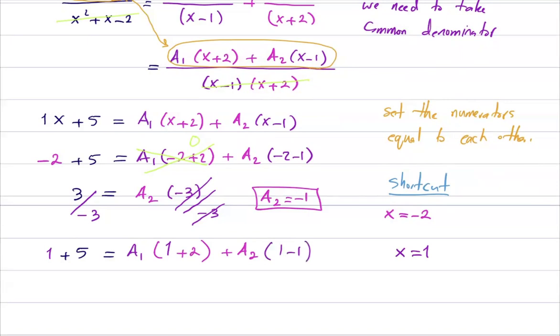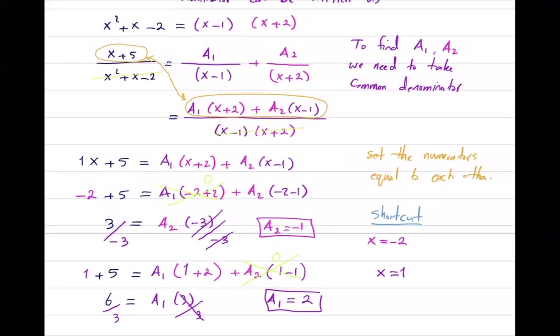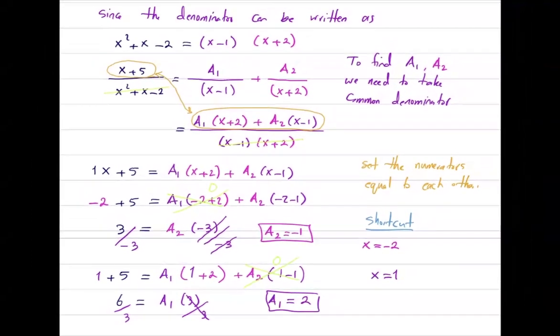Well, this guy is equal to just 0. So what does it tell me? It tells me 6 is equal to a1 times 3. So what is a1 then? If you divide both sides by 3, a1 is 2. We found the values for a1 and a2. a1 is 2 and a2 is -1.